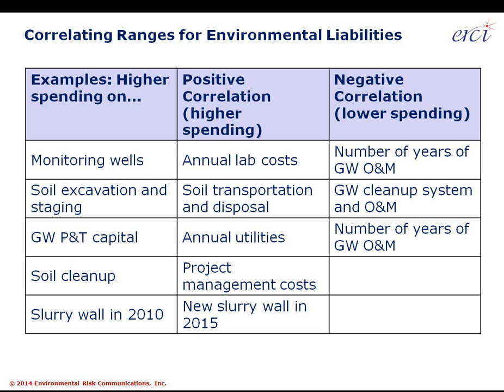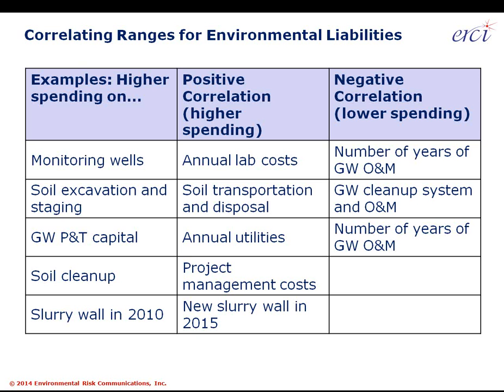Another example of spending more and seeing a positive correlation is soil excavation and staging leading to higher soil transportation and disposal costs. In other words, moving dirt around a site typically leads to additional costs for moving the dirt around, moving the dirt off-site, and perhaps sending it off to a landfill.